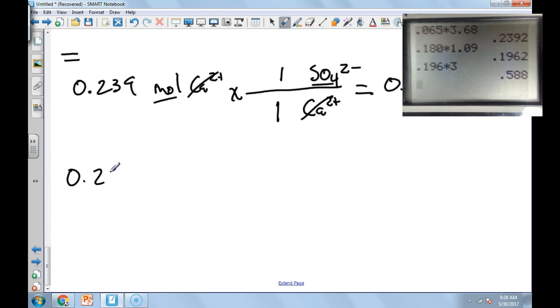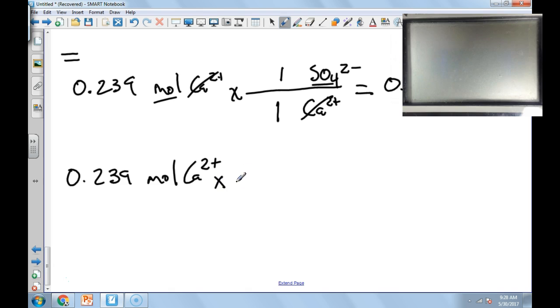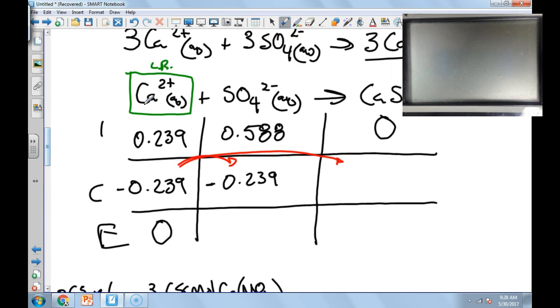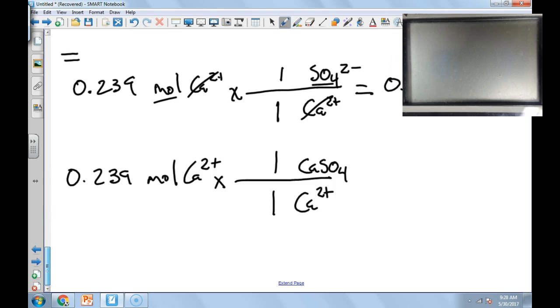So we're going to use the limiting reactant, limiting reagent, both same thing, okay? But instead of going to sulfate now, I'm going to go from calcium to calcium sulfate. And so by doing that, I look at the balanced chemical equation and notice that it's 1-to-1, there's no coefficients there, okay?